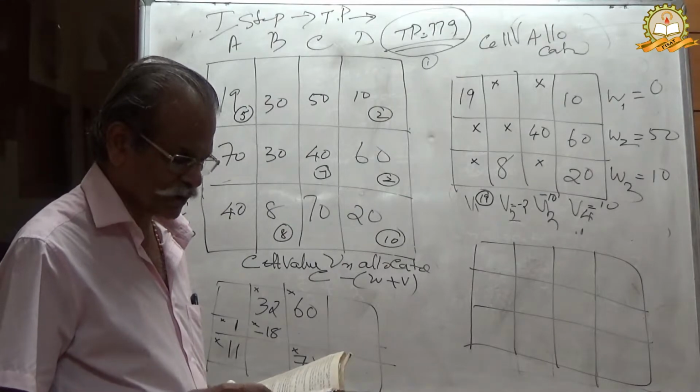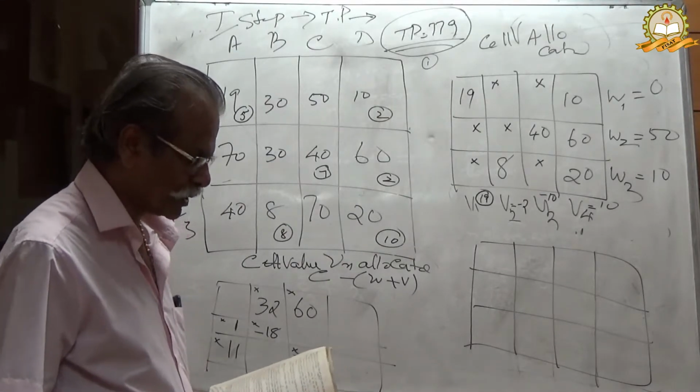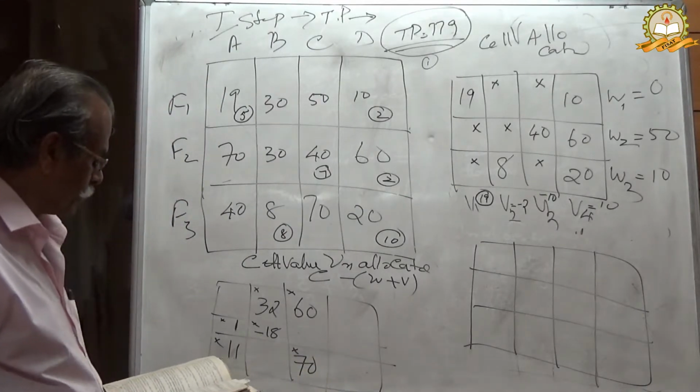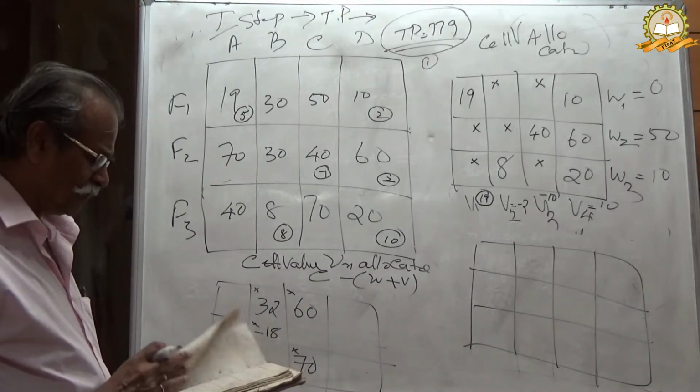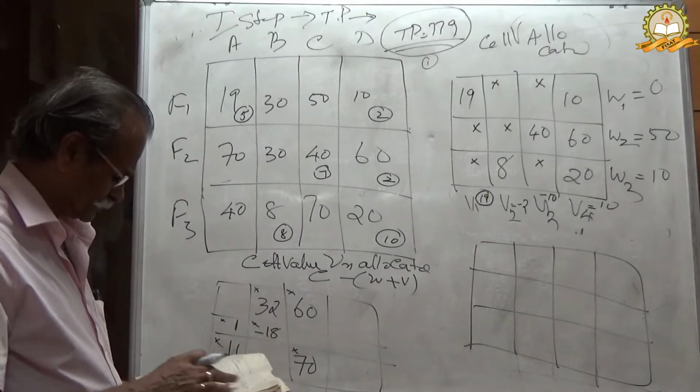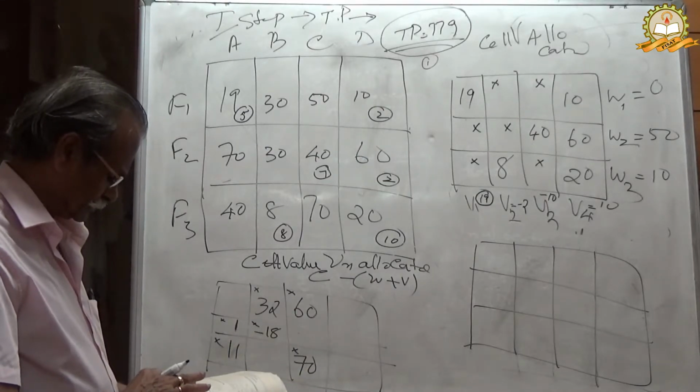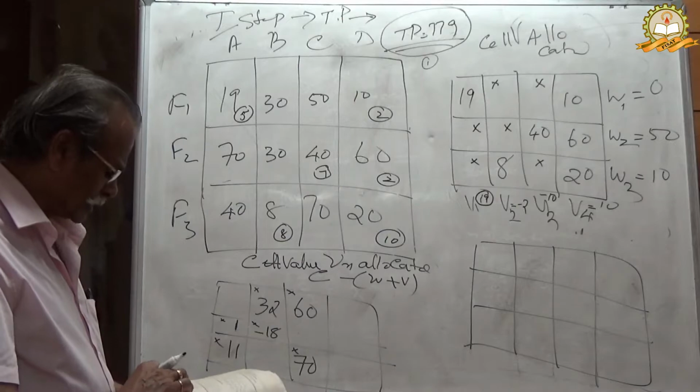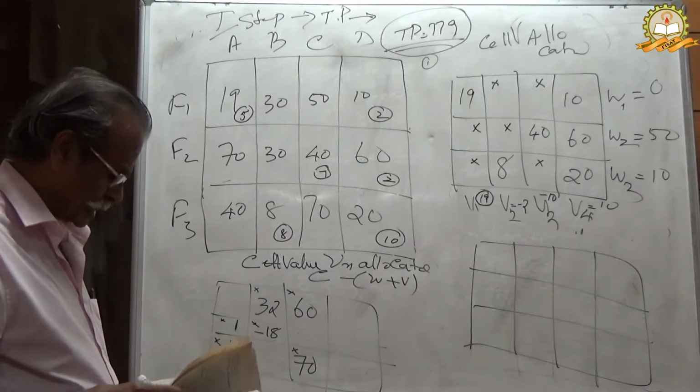Here in the question you have only one value, therefore 18 is that negative number, negative 18.